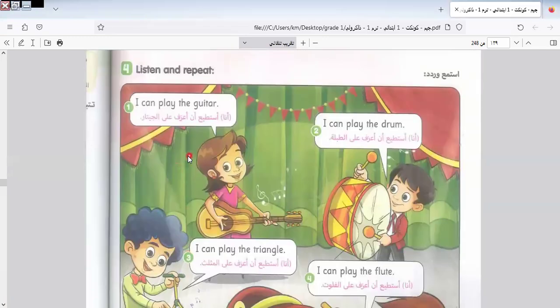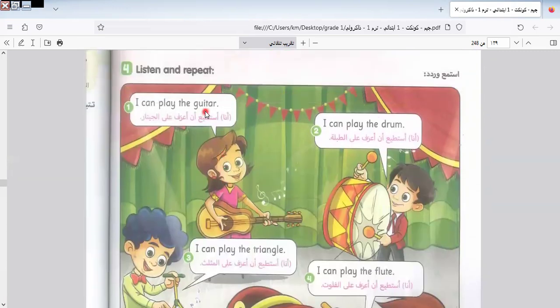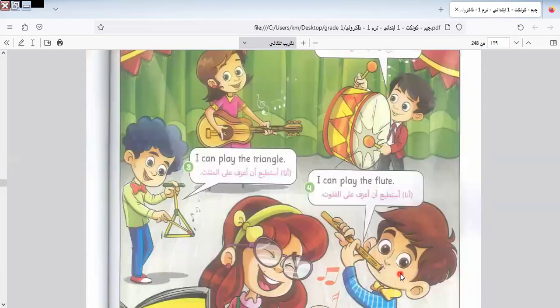Here there is a text, this is a dialogue, let's read it together. I can play guitar, I can play drum, I can play triangle, I can play flute. So here we have the words related to this part: guitar, drum, triangle, and flute, okay?